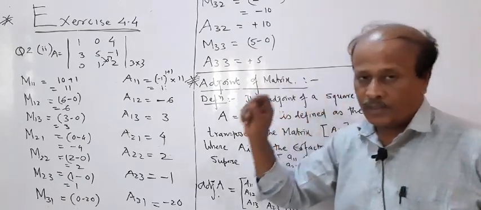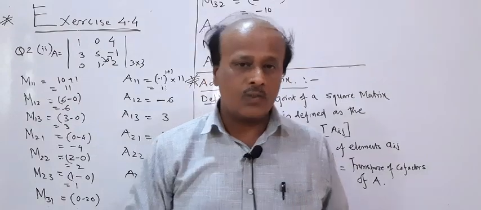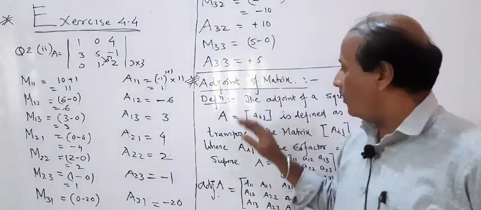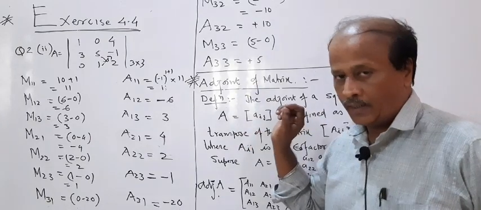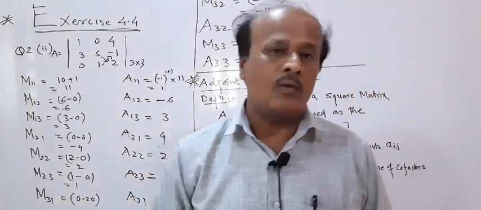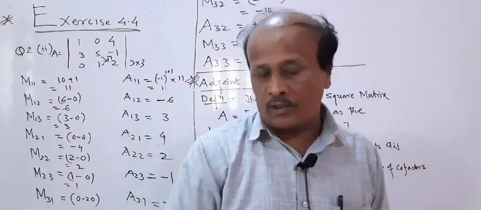So, what is the definition of adjoint of a matrix? Take any square matrix, find all the cofactors of that square matrix, then find the transpose of this. Whatever new matrix you get, that is called the adjoint of a matrix.